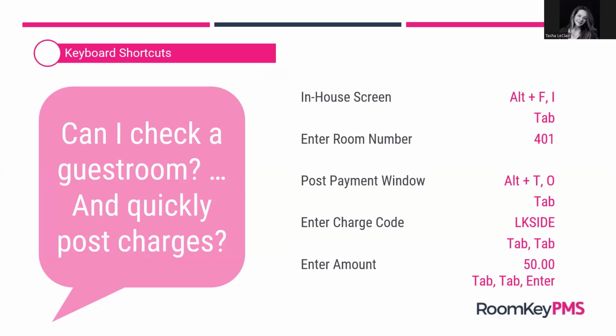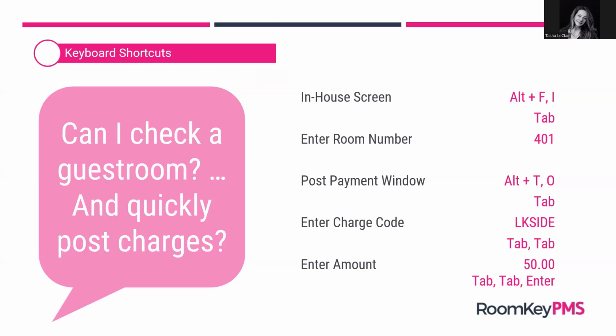When you click Tab, that then allows you to enter the charge code. In this case, it was Lakeside. You would click Tab, and then enter the amount, which in this example was $50. And then you can click Tab, and enter, and that will allow you to then post that charge. So without having to use my mouse, you can quickly access the guest room, see the guest that is in-house, and quickly post charges there.